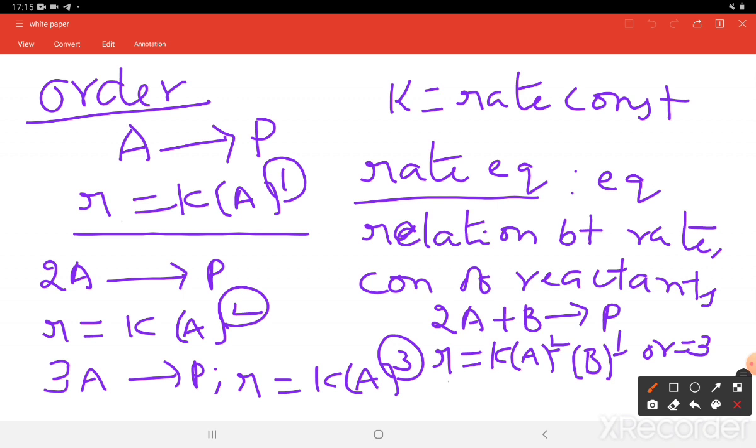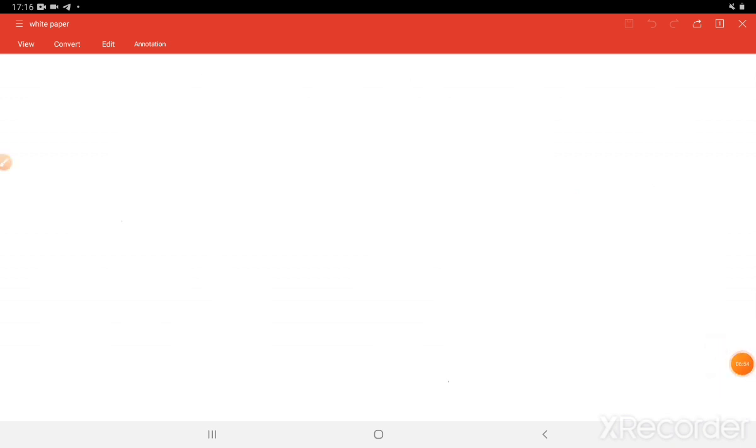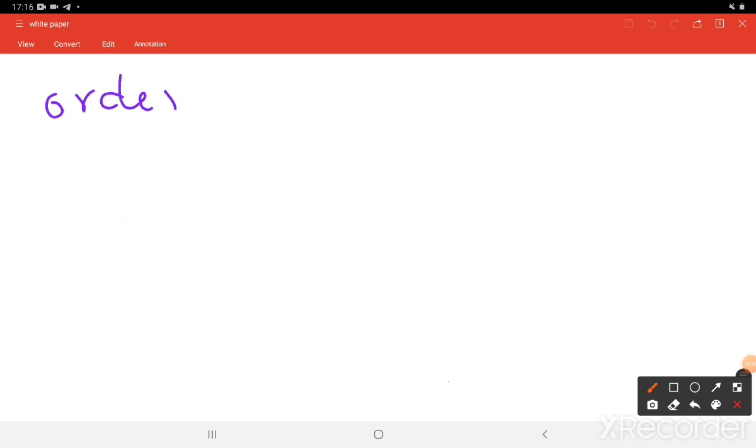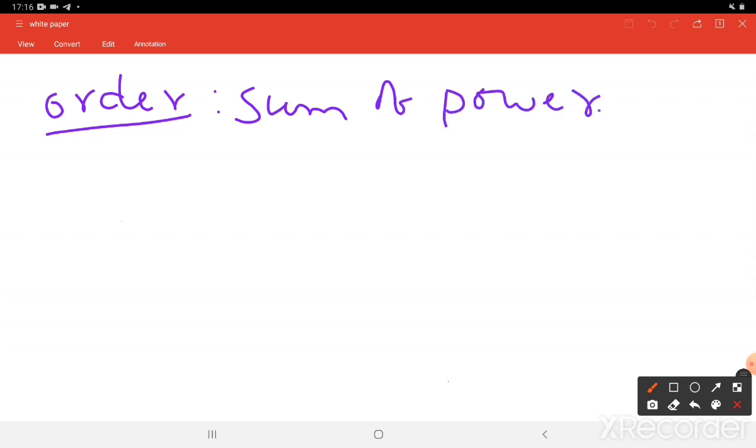Hence order can be defined as the sum of powers of concentration terms in rate equation. Thus order is sum of powers of concentration terms in rate equation.